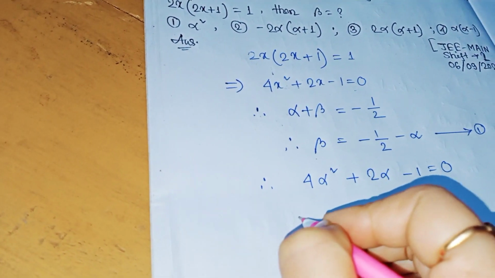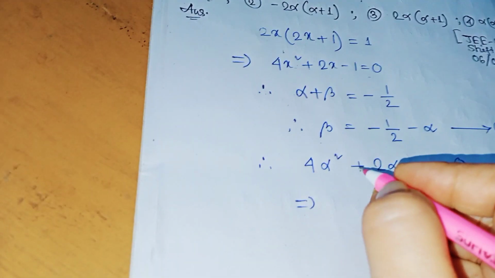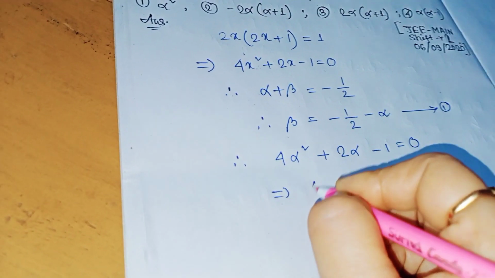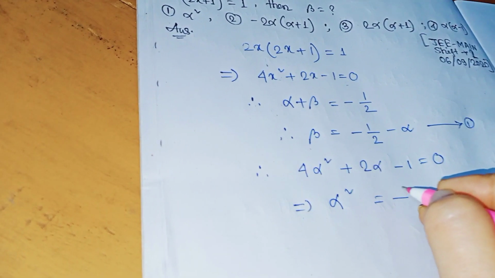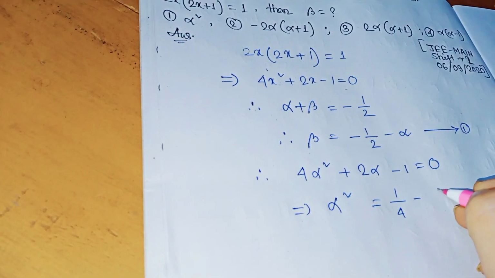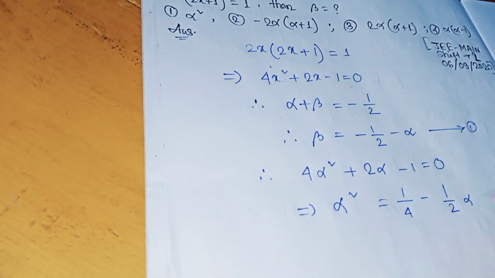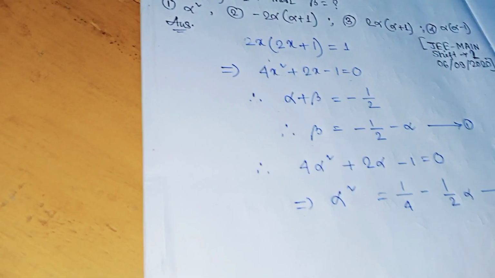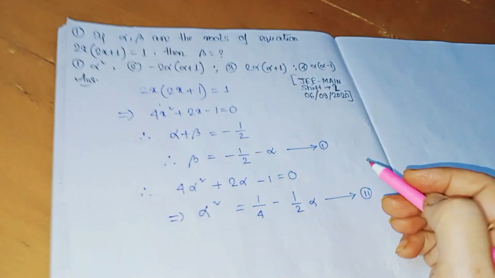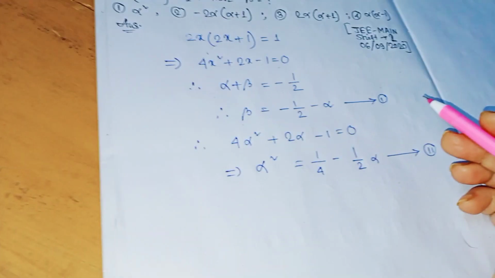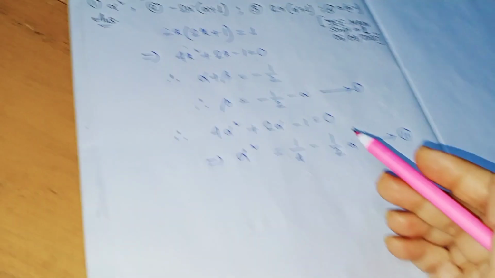That implies the value of alpha square is equal to 1 by 4 minus 1 by 2 alpha. So here we get the value of alpha and beta in terms of alpha.